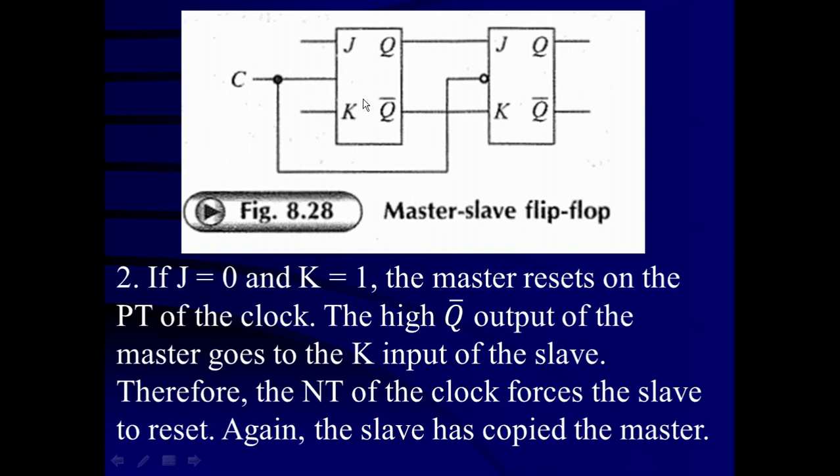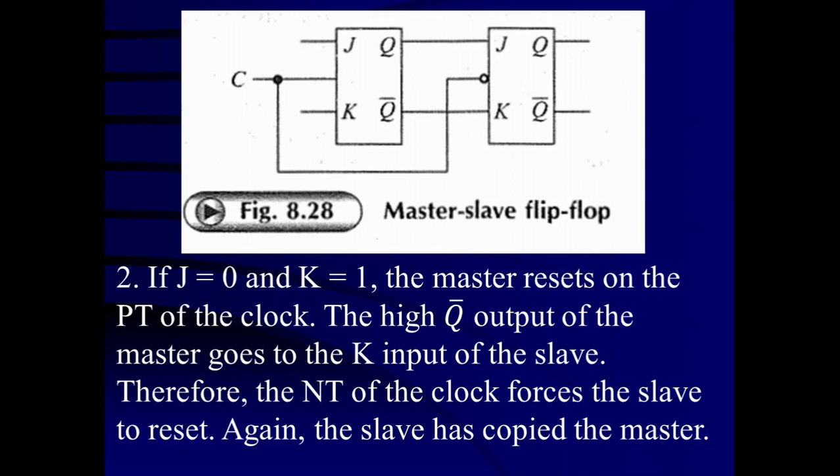This is called the master flip-flop, and it responds when the positive level of the clock occurs. And this is the slave flip-flop, which is identical, but it responds only on the negative level of the clock. This way the master and slave flip-flops are connected in series, but the clock is connected in parallel.